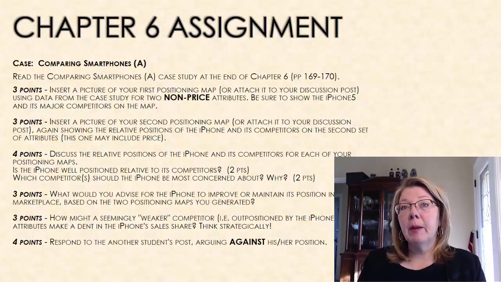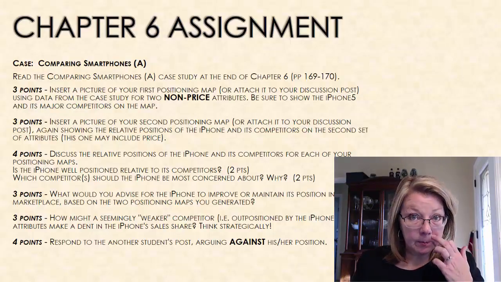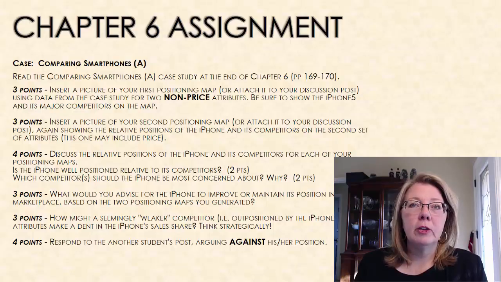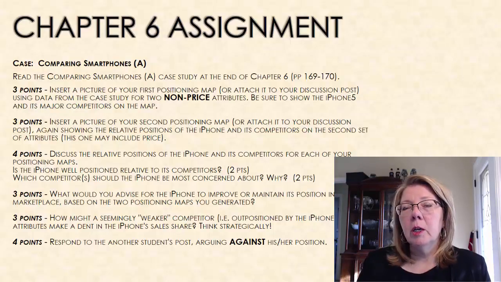Okay, so for your first map, you're going to be looking at 2 attribute combinations for the different competitor products on the market, but they need to not be price. So choose 2 other ones. And then for the second map, you can choose any 2 combination of attributes for the different competitors. And then you're just going to talk about those. What does the gap map show you?